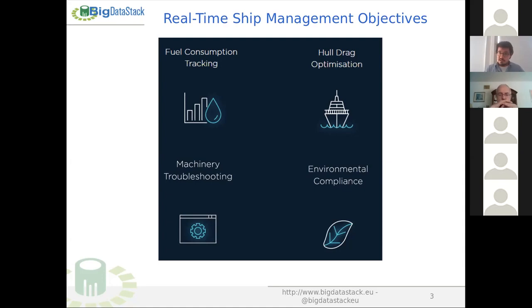And last but not least, the environmental compliance of the crew with respect to the IMO policies and the company policies.